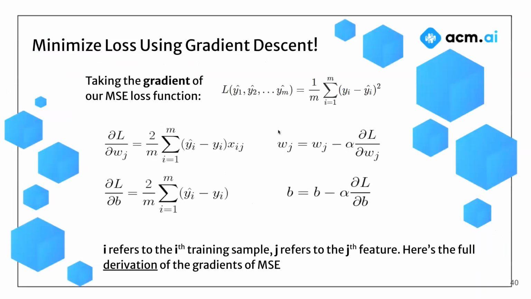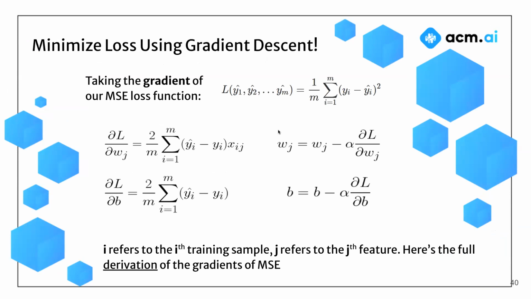Cool. All right. So this is the part where we actually look at the gradient of the mean squared error function. You don't need to know the derivation, but we'll briefly gloss over it.